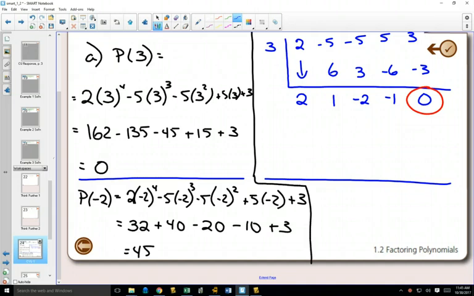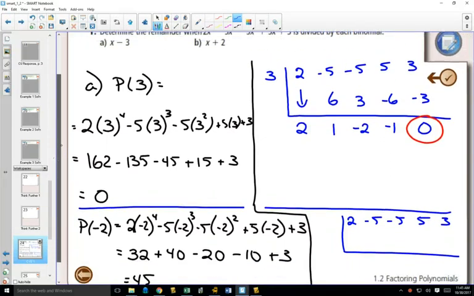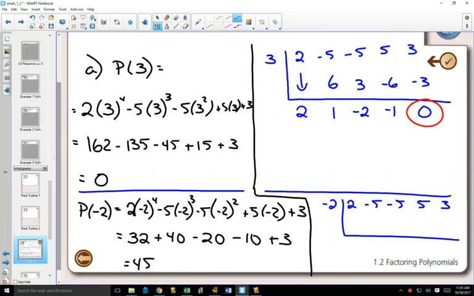And the synthetic division, what would it look like? 2, negative 5, negative 5, 5, 3. And outside, if we are dividing by x plus 2, we'd write a minus 2 outside. So bring down your 2, multiply, add, multiply, add, multiply, add.